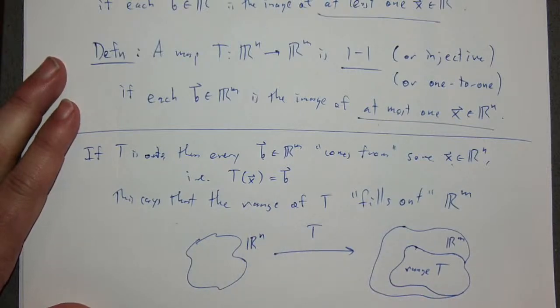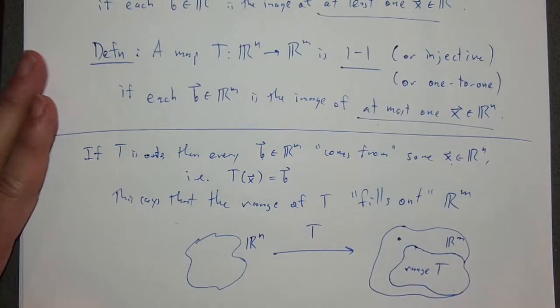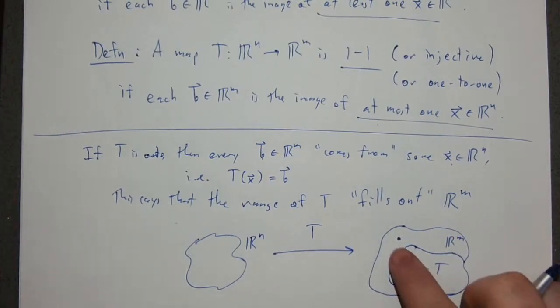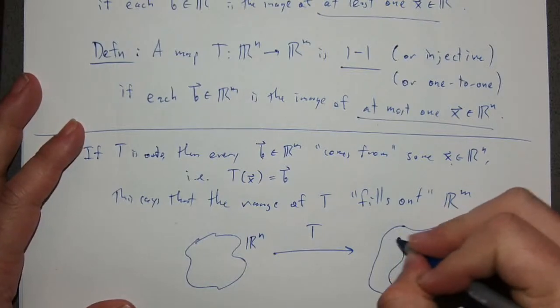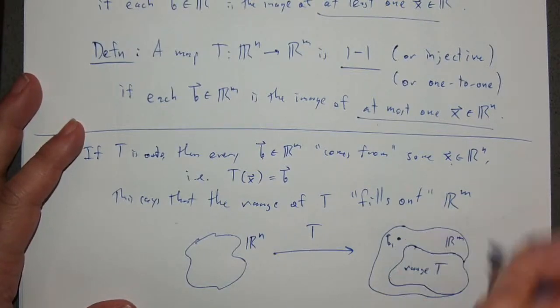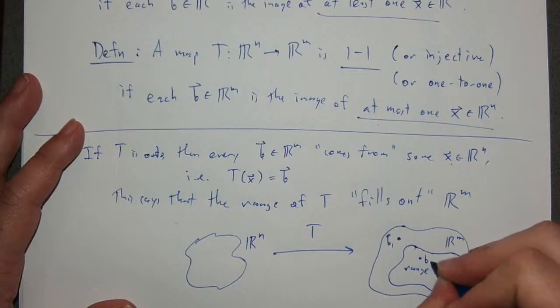So then what does it mean for something to be here? Let's say here is b sub 1, and here is b sub 2.